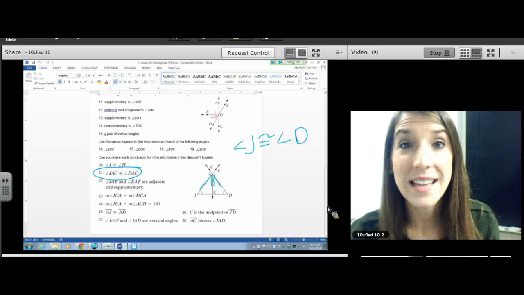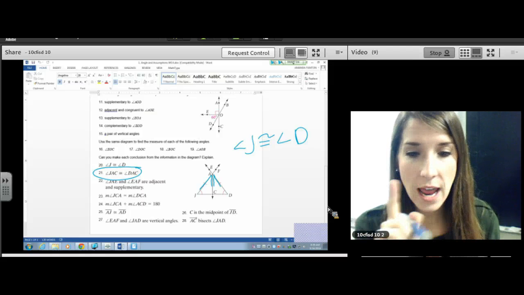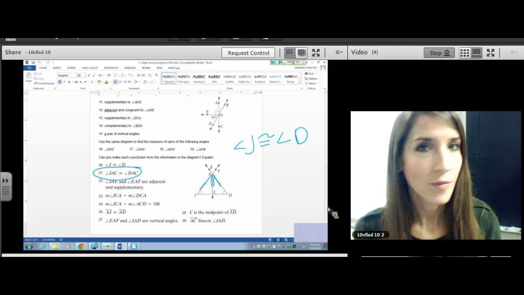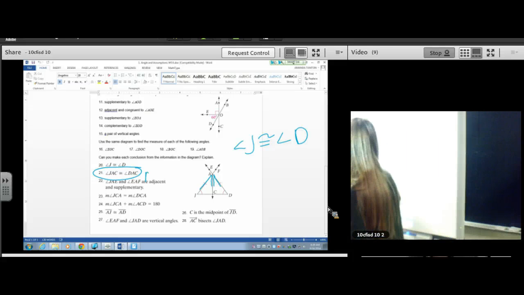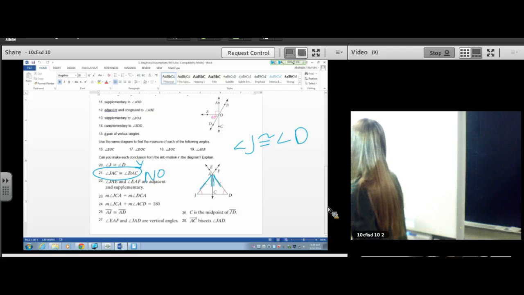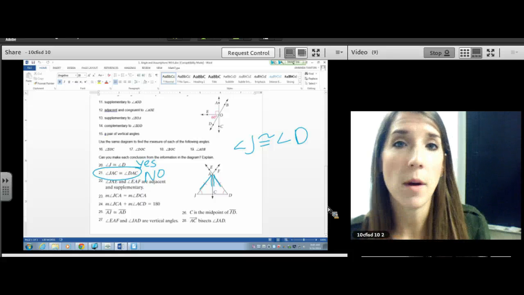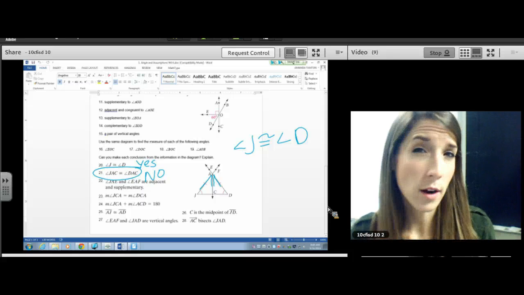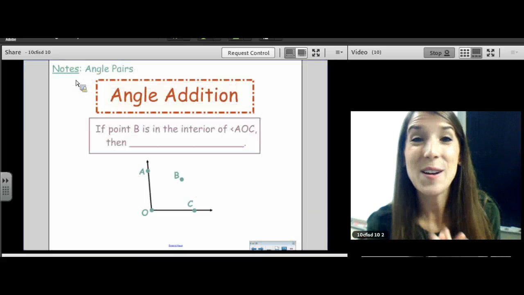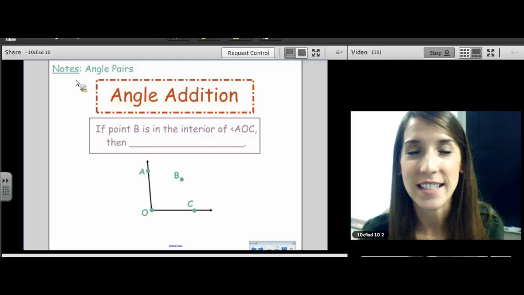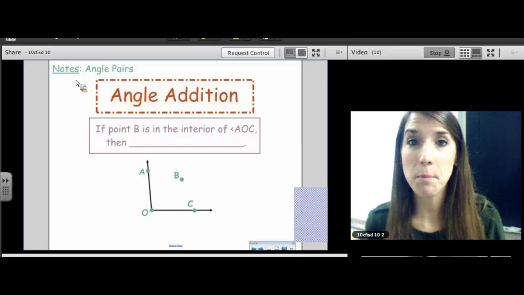Those are congruent because they have a marking, because they have arcs. Do you see an arc on JAC and DAC? There's no markings. It's blank. And that's why we can't assume that one, whereas we can assume this one. We're using the markings they gave us on the picture. Sometimes there's tick marks and sometimes there aren't. Sometimes there's arcs and sometimes there's not. Okay? The good news about this lesson is that we've already learned it. We've already learned it in the form of segment addition and midpoint.